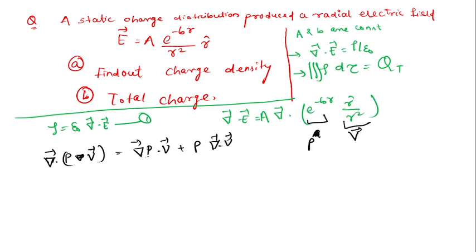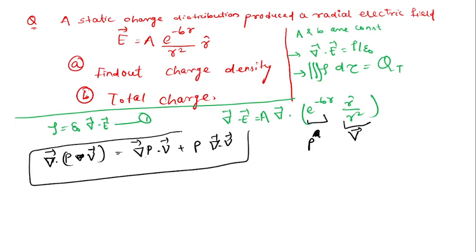That is, gradient of P dotted with B vector, plus P into divergence of B vector. So we can use this formula here to break this operator.